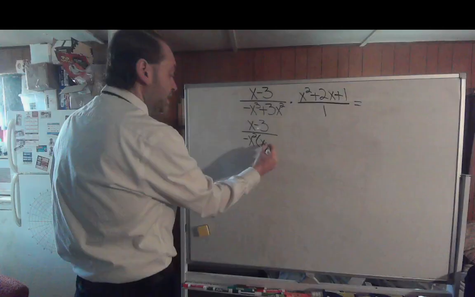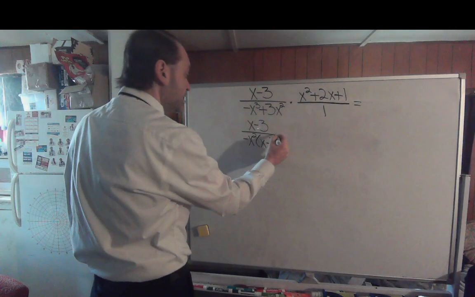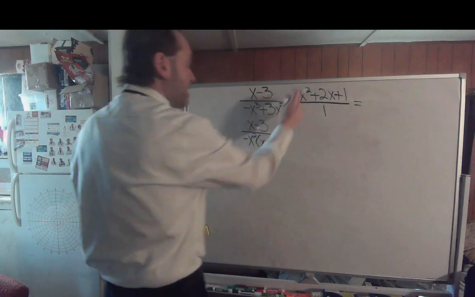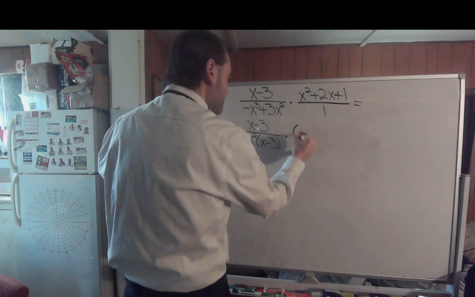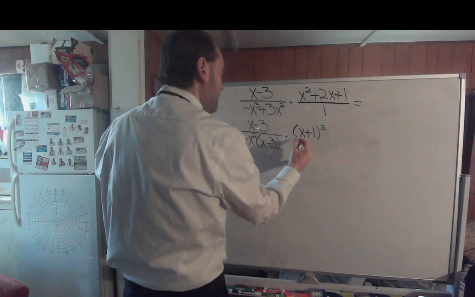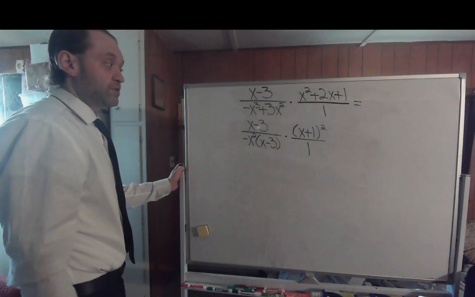You would end up getting x minus 3 for the other term, and then the numerator of the second term would factor into x plus 1 squared divided by 1. And at this point, we've already factored completely.